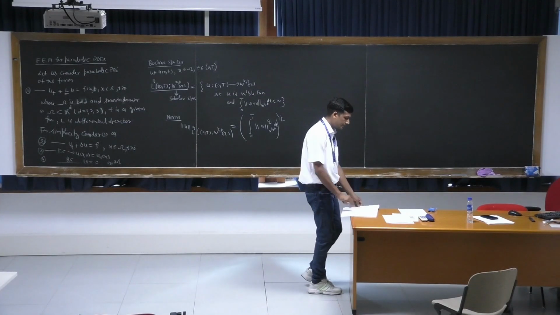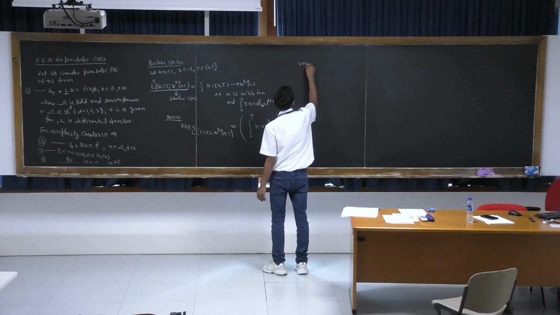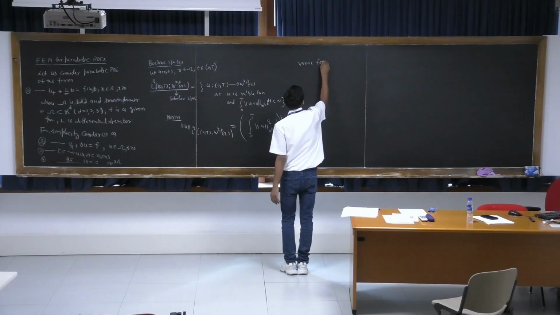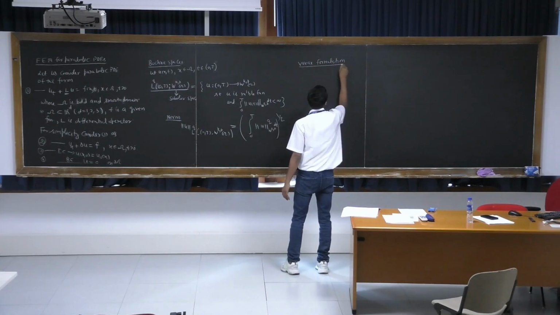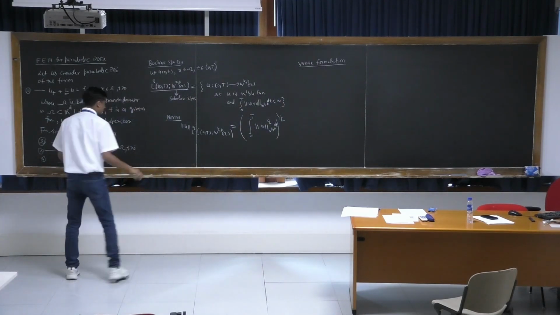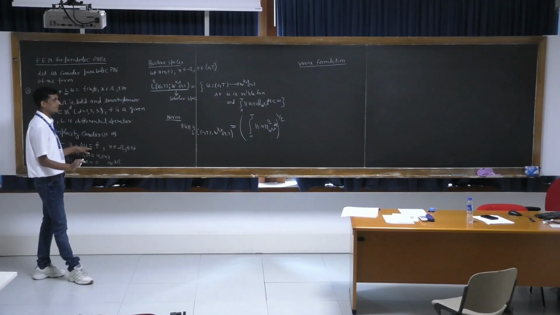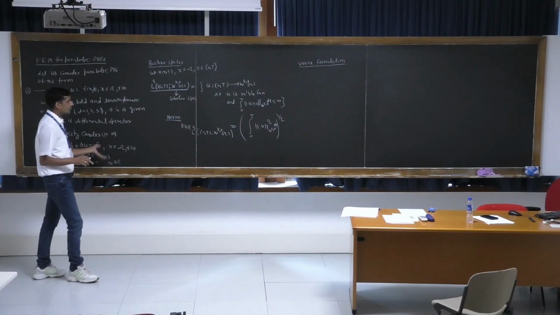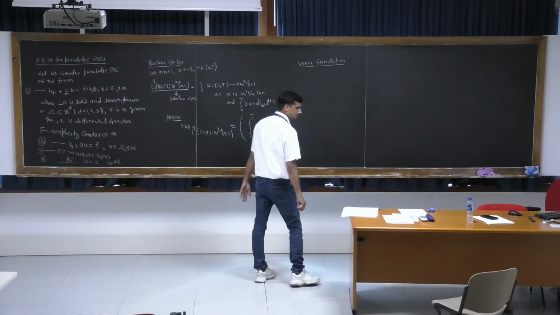The first thing is to make the weak formulation of equation number 2. Weak formulation again, as we explained in the last lecture: multiply by some nice test function from D(Omega) and integrate over the domain.